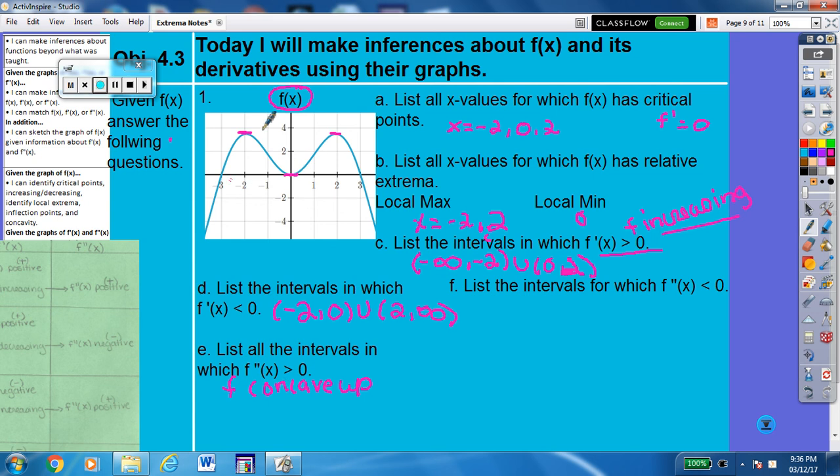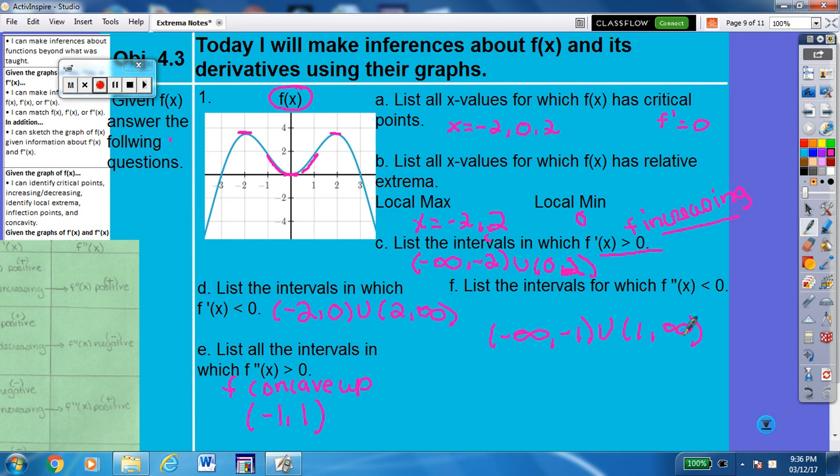So we're going to take a look at this graph, and it looks to me like it's concave up from -1 to 1. Concavity is defined on an open interval, so we use parentheses. And it looks to me like concave down would be from -infinity to -1, and from 1 to infinity.